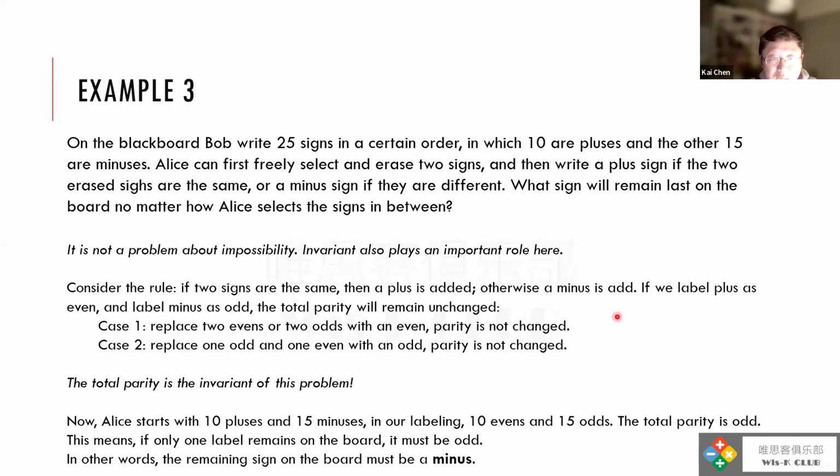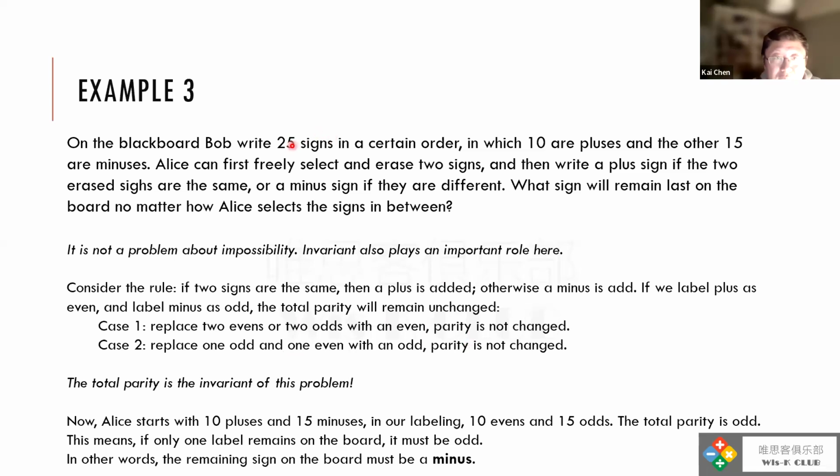That means if we remove 2 even, we add 1 even; or 2 odd, we add 1 even. And if we erase 1 odd and 1 even, we add 1 odd. By this, it seems the parity does not change. So actually, the parity of the sum of all the signs will be the invariant.